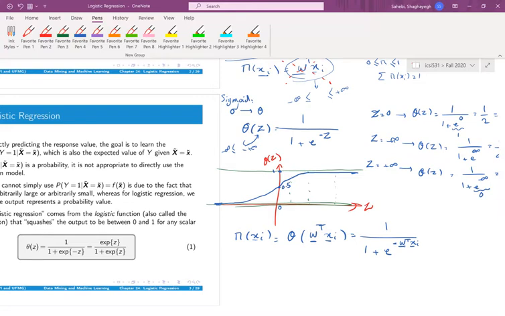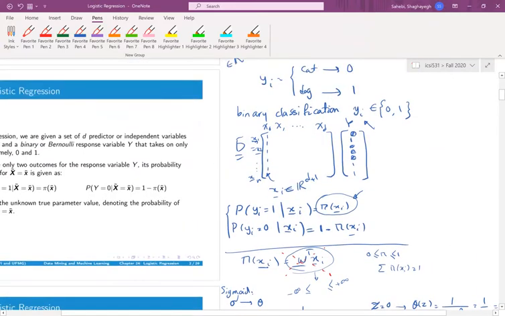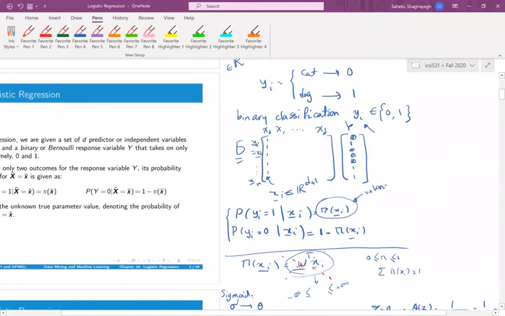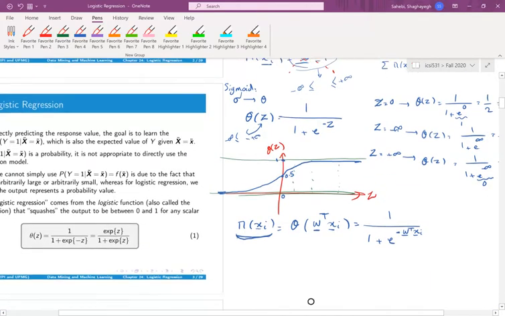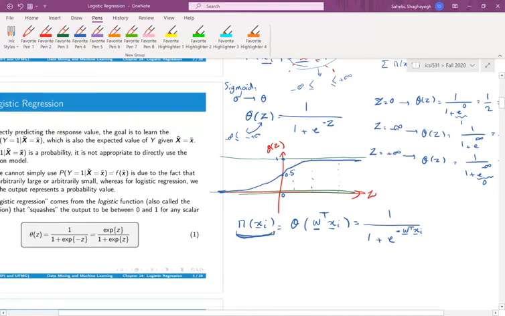Now, what we have done is that we have translated finding a pi of xi. You remember that here we said that this is our unknown function, and we would like to find this unknown function, right? So we have translated finding this unknown function pi of xi to finding the parameter values of W, right?